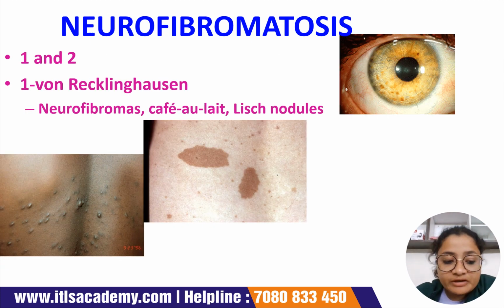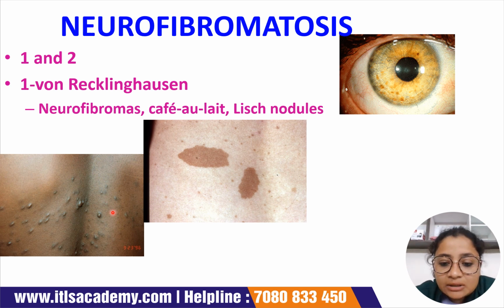Moving forward to the last disease that I want to talk about in this topic of genetic basis of disease, that is neurofibromatosis. By the name only we can understand that it has something to do with the neurons. It can be of different types, 1 and 2. Type 1 is known as von Recklinghausen. The typical features will be neurofibromas, café-au-lait spots and Lisch nodules. Lisch nodules are something we can make out from this diagram.